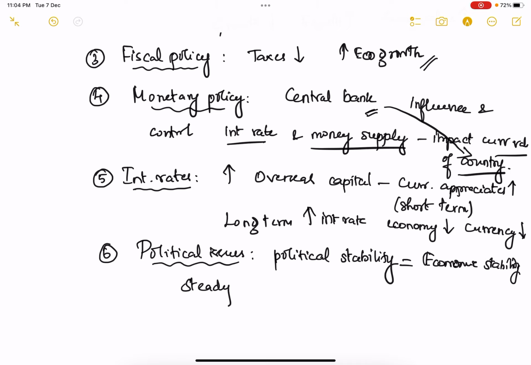When the currency is steady, at times when politically the country is unstable, this will create an opposite effect. I hope you're getting it. Only when a country has political stability will the economic growth be stable. And if the country faces some political instability or changes in political stability, then obviously it will create an opposite effect on the exchange rate mechanism.